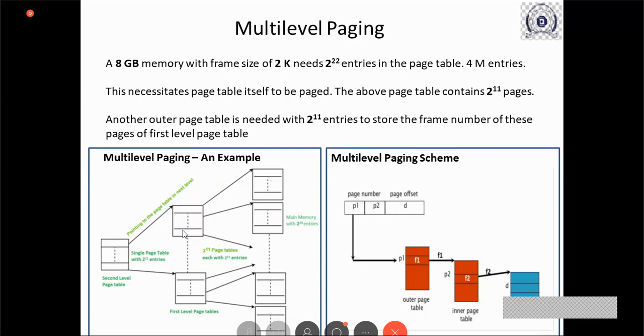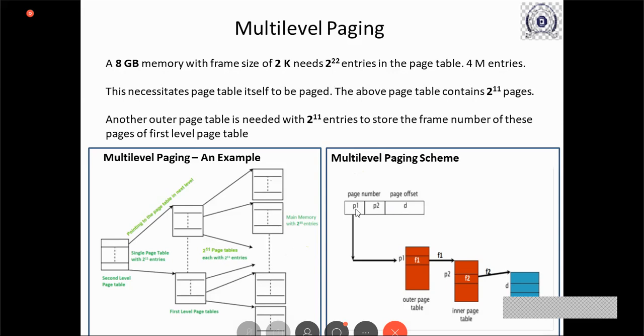When a CPU generates a logical address, it is divided into three: P1, P2, and D. P1 is an index to the first-level outer page table.